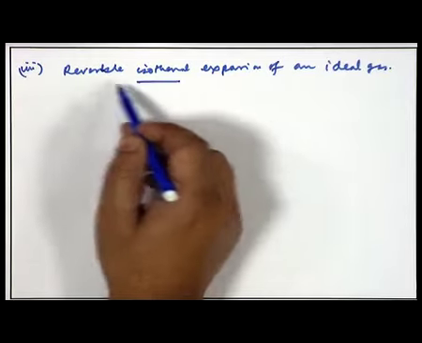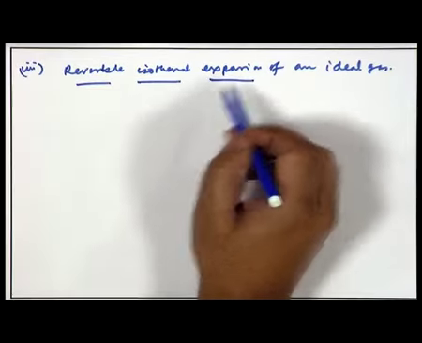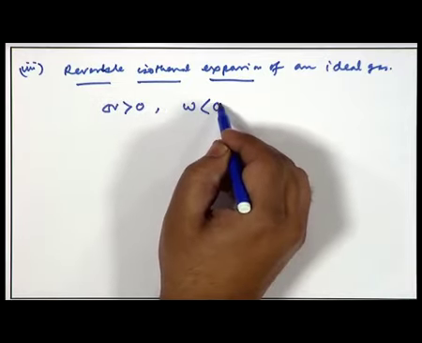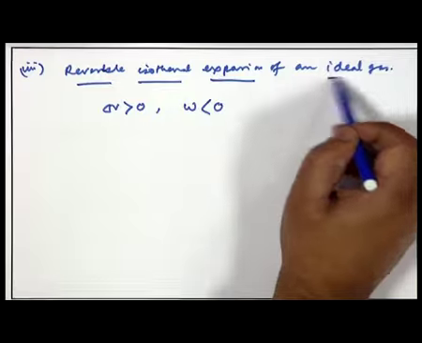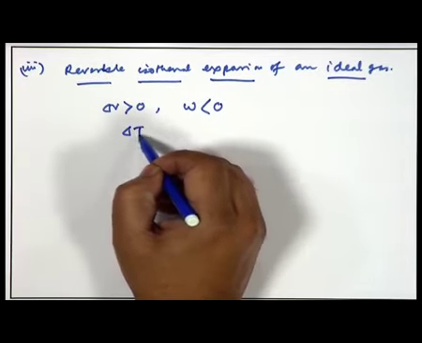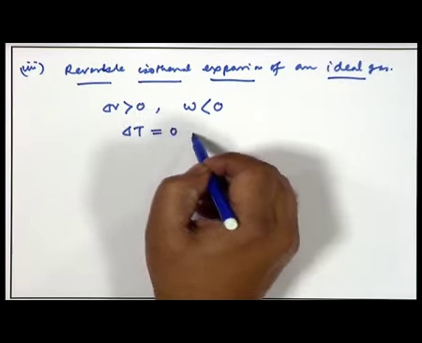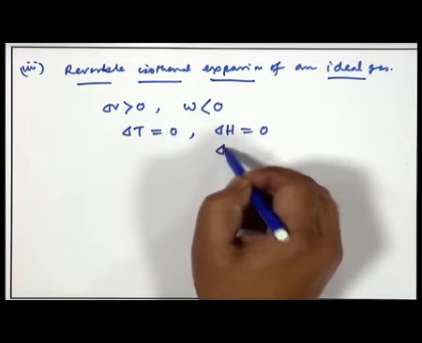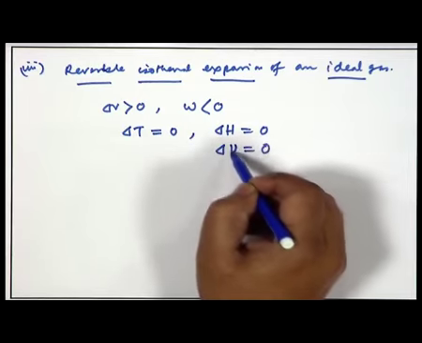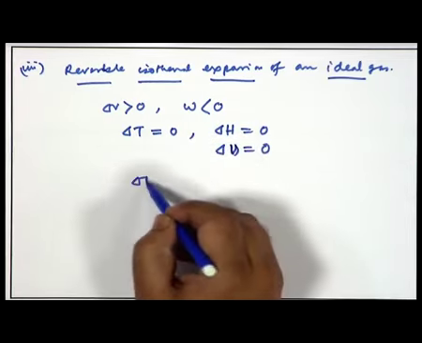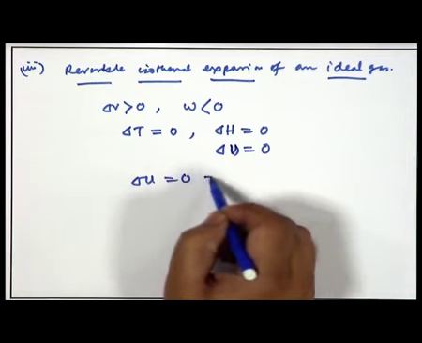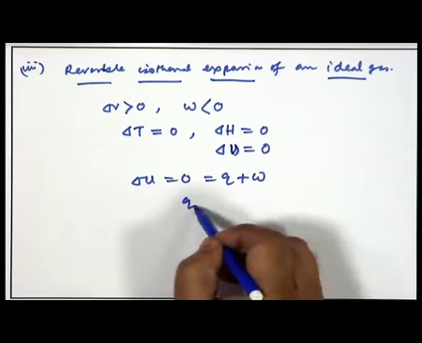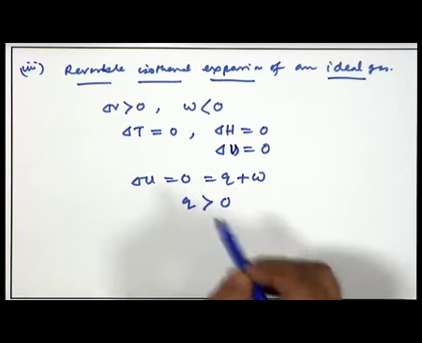When we talk about expansion, del V is greater than 0, so w is less than 0. For an ideal gas isothermal process, del T is 0, and when del T is 0, we know for an ideal gas del H is 0 and del U is 0. Del U is 0, which is q plus w, and w is less than 0, so q must be greater than 0.